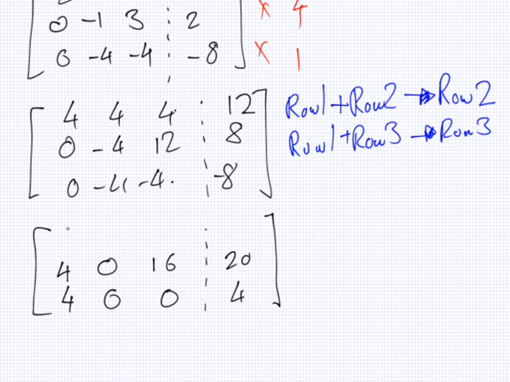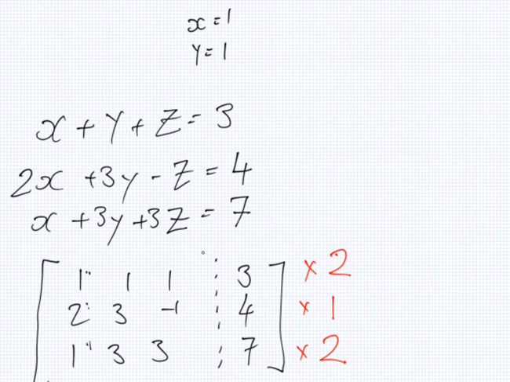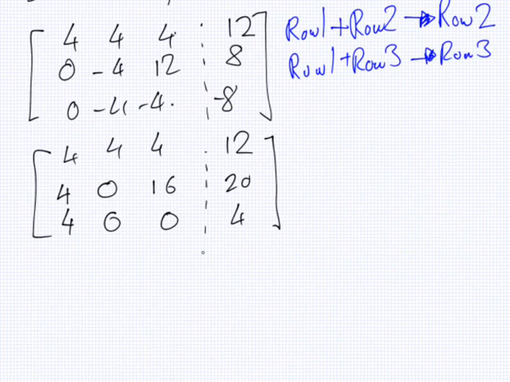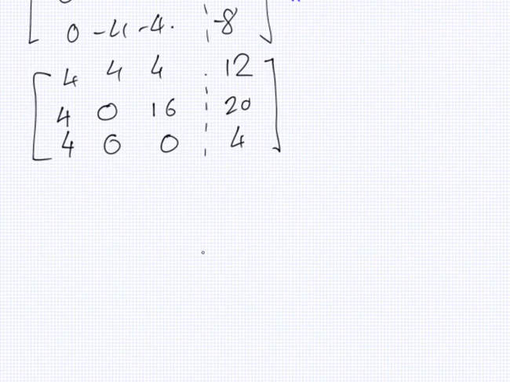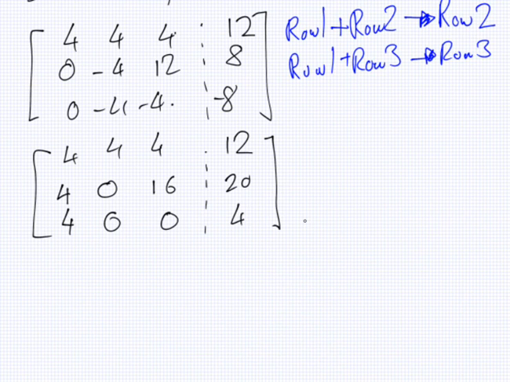So 78 minus 0, 78. 117 minus 117, 0. 195 minus 117 is 78. And row 2 stays the same: 0, 117 and 117. And finally, I'll divide this by 78 and I'll divide this one by 117.